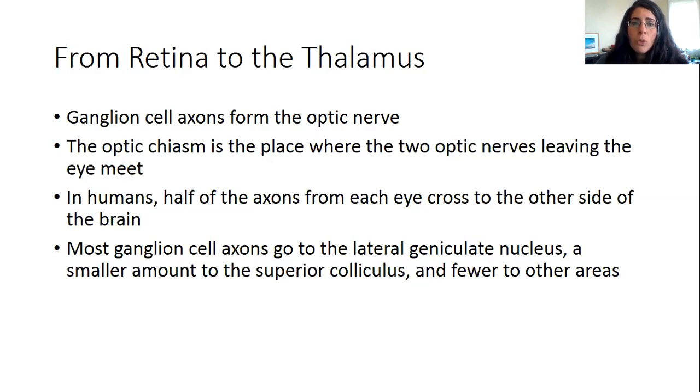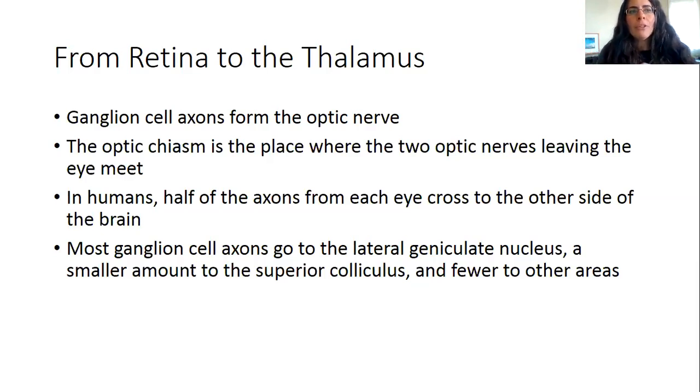Now, most ganglion cell axons go to the lateral geniculate nucleus, which is a portion of the thalamus, right? Again, the thalamus is a sensory relay station. It's going to send information to the primary processing area of the cortex. If we're talking about visual information, it's going to go to area V1 in the occipital lobe.